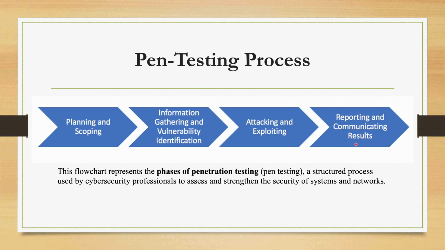Well, you write a detailed report including vulnerabilities identified, exploitation methods and their impact, recommendations for mitigation, and of course, it is expected that you conduct a debriefing session with organization leadership and the technical team. Okay, so great. So what's the outcome? Well, the outcome is a clear understanding of vulnerabilities and steps to improve security that you would recommend to your client, to the organization here.